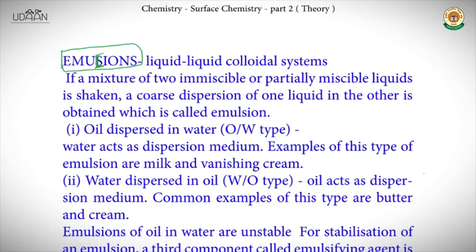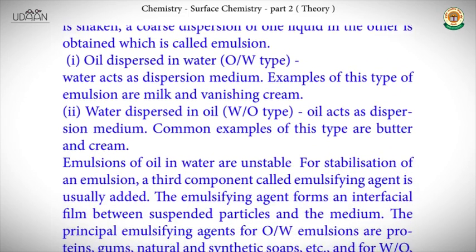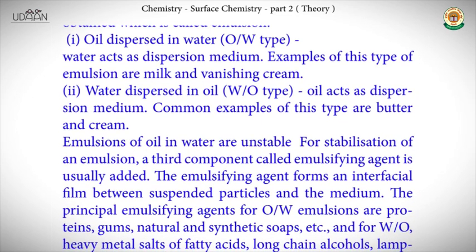We'll see how. If a mixture of 2 immiscible or partially miscible liquids is shaken together, a coarse dispersion of one liquid in the other is obtained, which is called emulsion. Now emulsions can be of 2 types, oil in water or water in oil. Oil in water is when oil is the disperse phase and water is the dispersion medium.